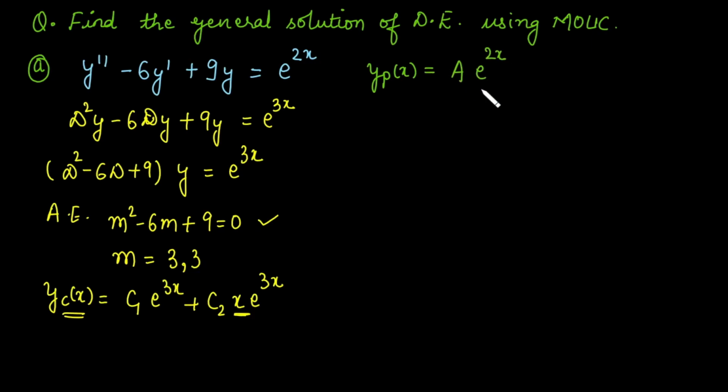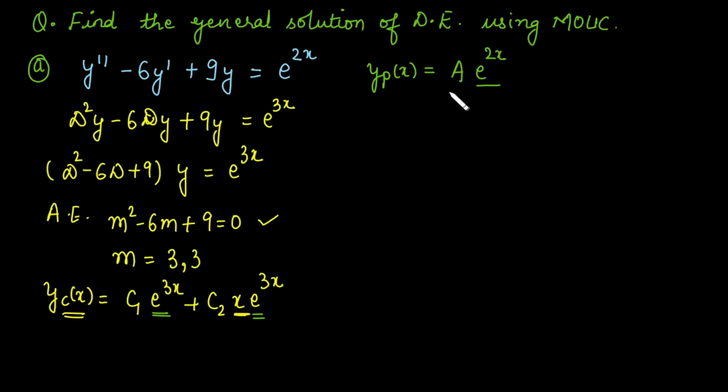Now we need to check whether we need to multiply by x, x square, or any term of x for this case. For that we will check whether this term is part of the complementary solution. No, because in this case it is e raised to power 3x, and the complementary solution has e raised to power 3x. So they are entirely different terms, therefore there is no need to multiply by x.